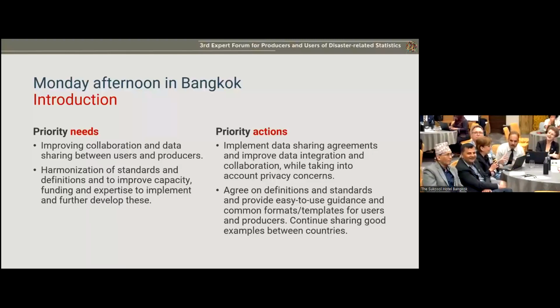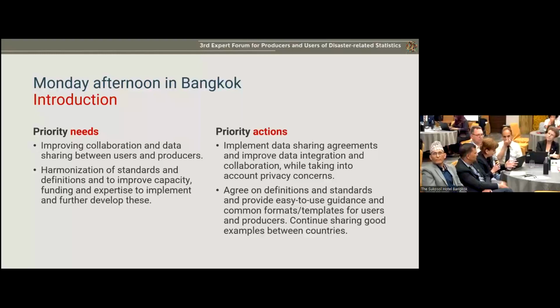That was the difference. But in general, it was possible to collect and summarize all these ideas in 2 or 3 general approaches. So priority needs. I'll change the order a little bit: improving collaboration between users and producers.